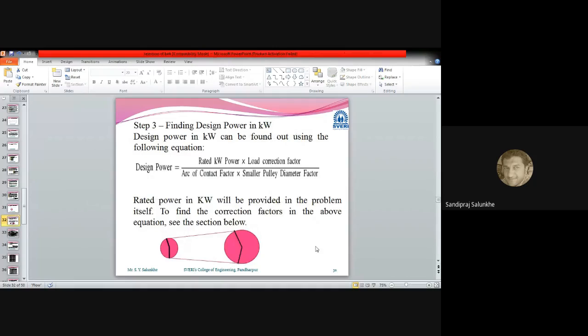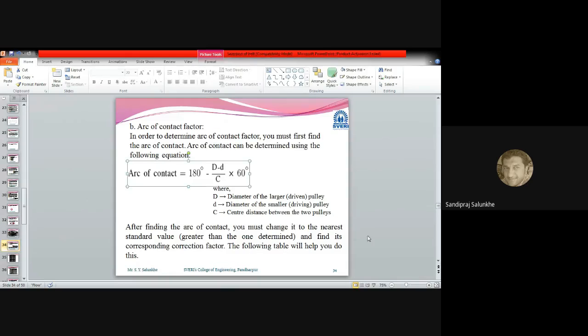If the center distance changes, this angle of lap will change. Whereas if the diameter changes, this angle will also change. And that is accounted for in this formula. Got it?